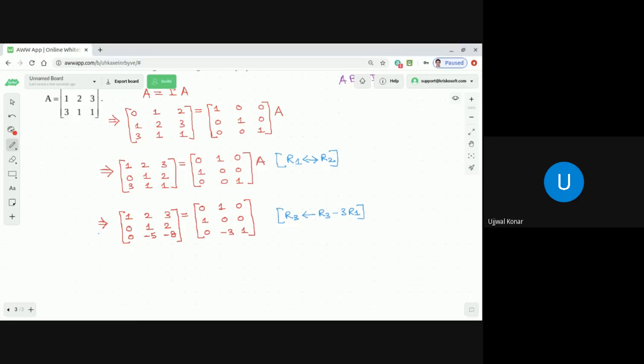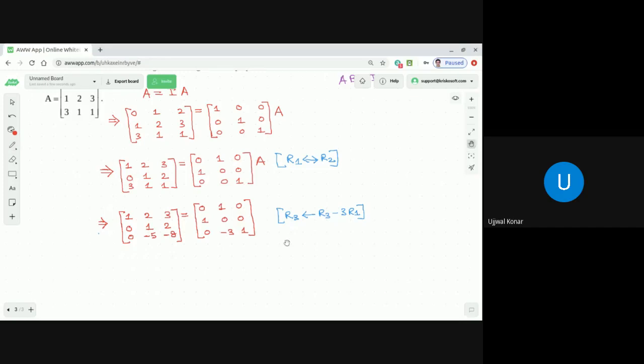Similarly, the element at the junction of the third row and third column is 1 minus 3 into 0, that is 1. So this is the second operation we performed.